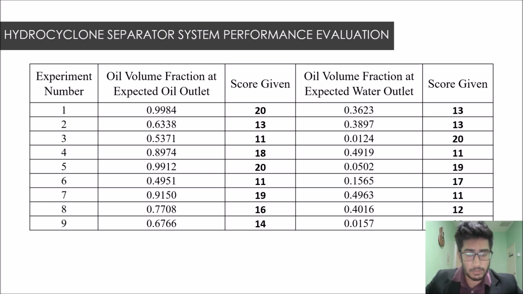So based on that table just now, these are the scores given to each experiment. Experiment number 5 is the best result so far because it has 20 and 19. This means it has the highest oil at the oil outlet, and the lowest oil at the water outlet.